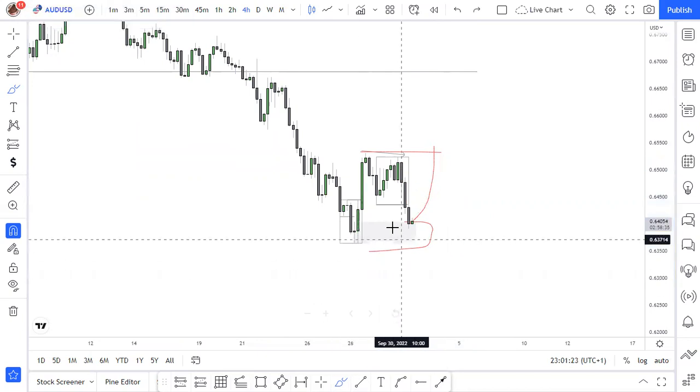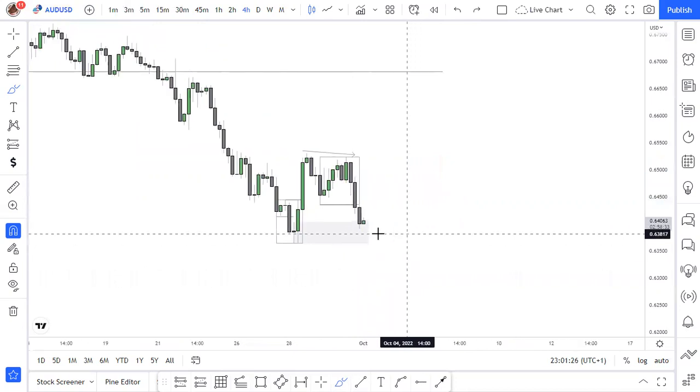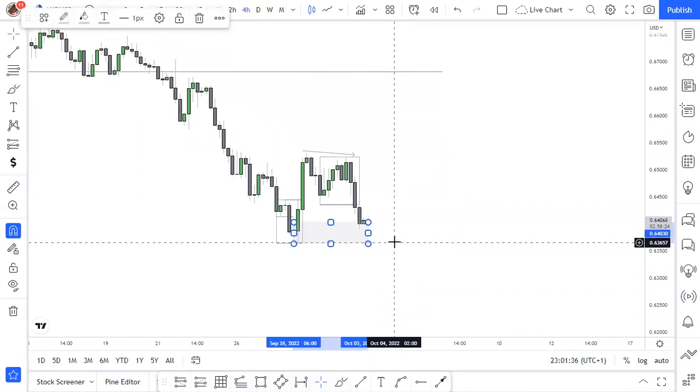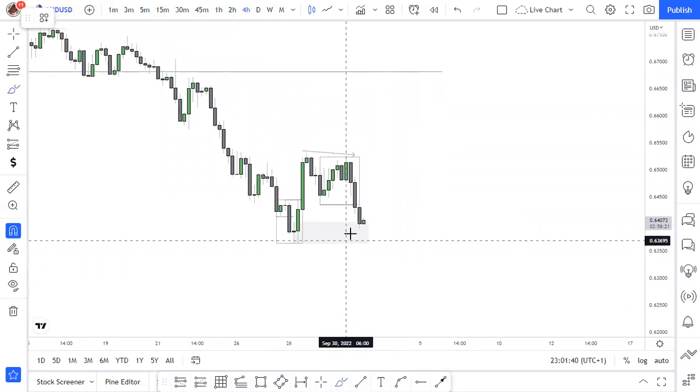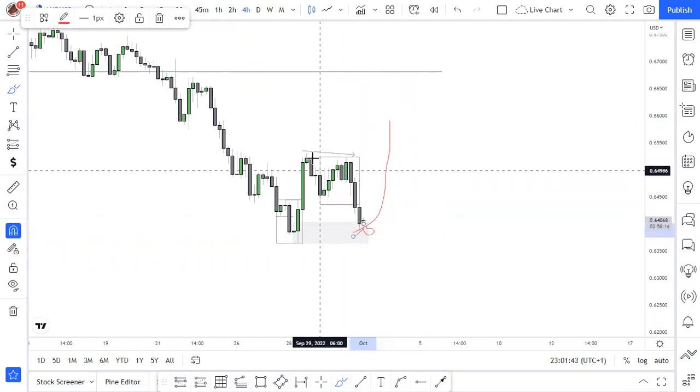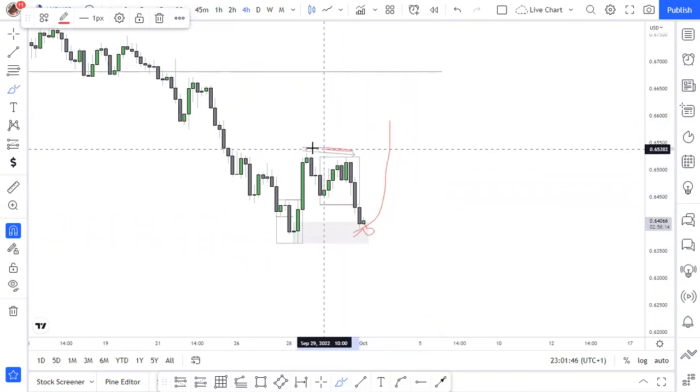But then we want to study what will happen here on the 15-minute time frame and try to take advantage of the move. If we should get a bullish push, then we can try to take advantage of this move and expect this high to go.